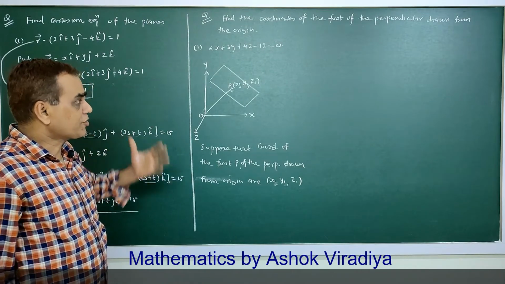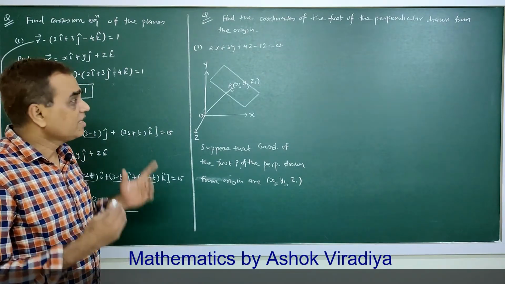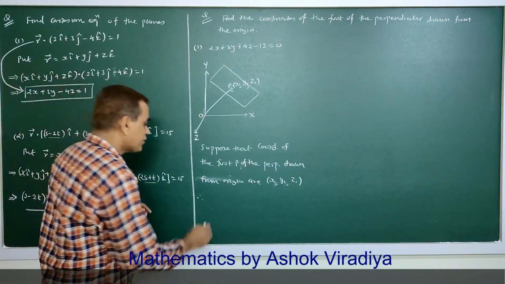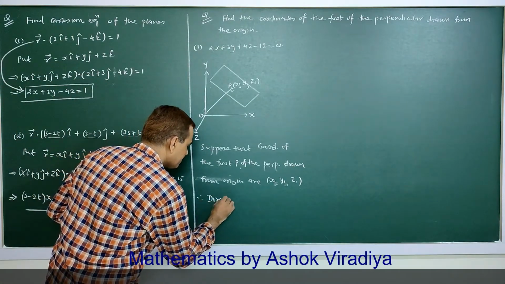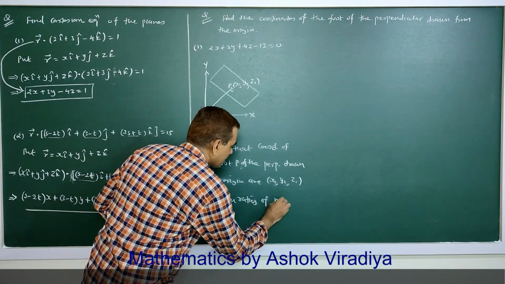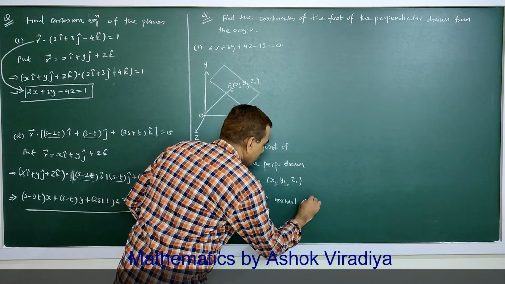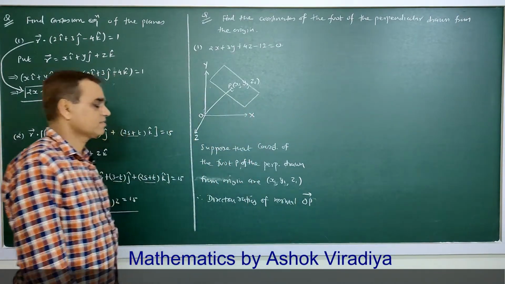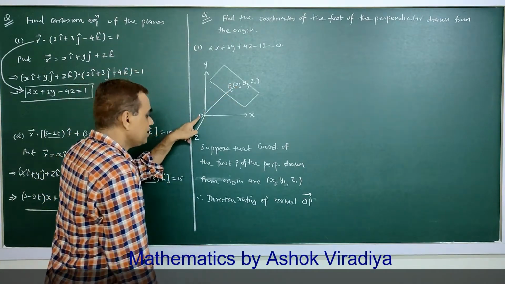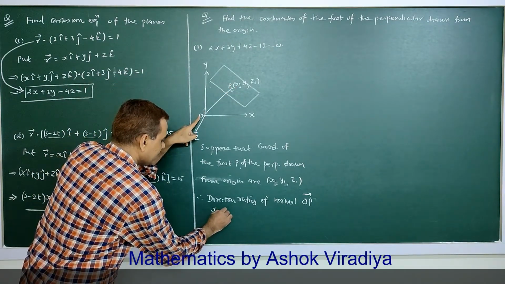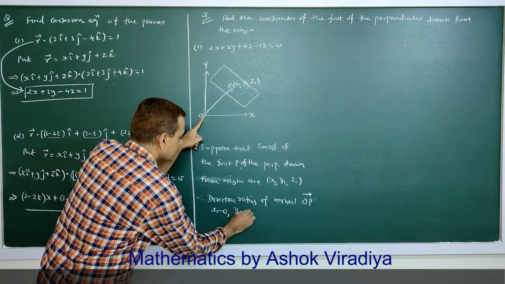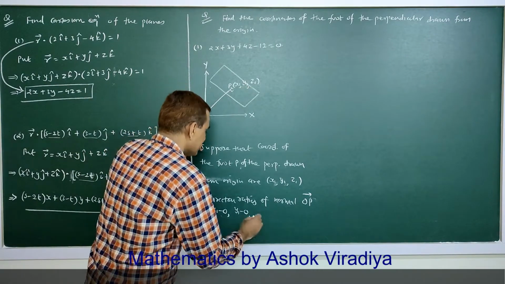So from this diagram, we can say that the direction ratios of the normal OP are x1 minus 0, y1 minus 0, z1 minus 0.